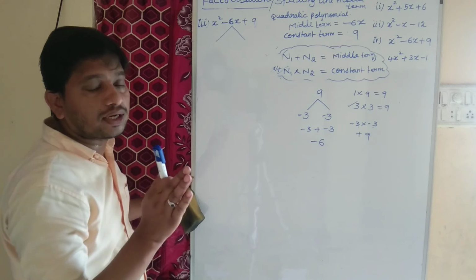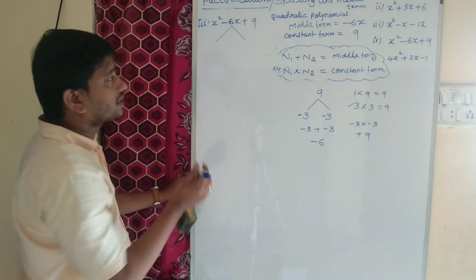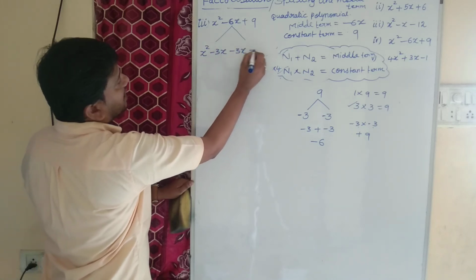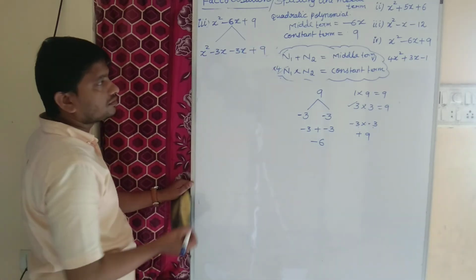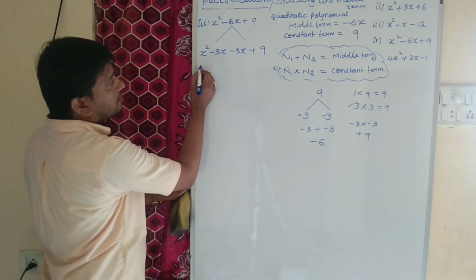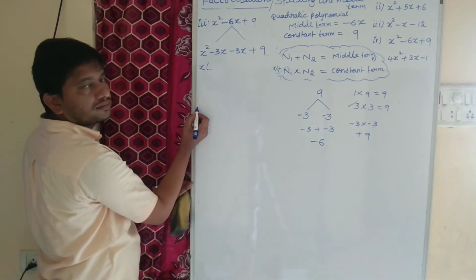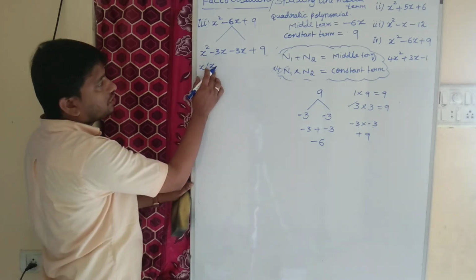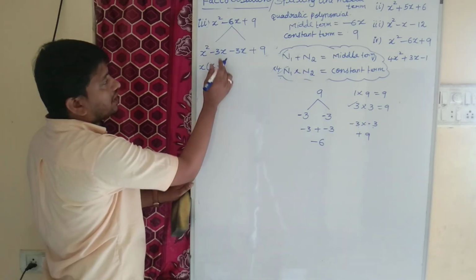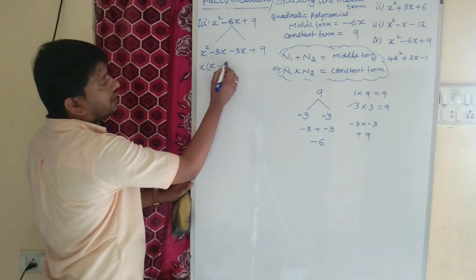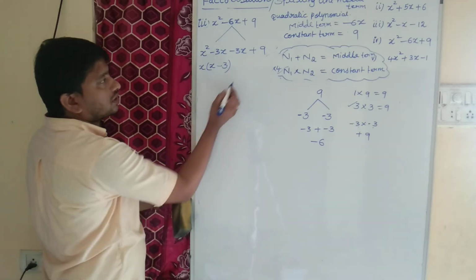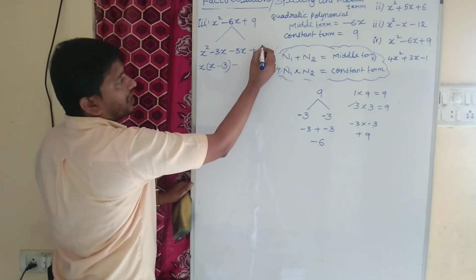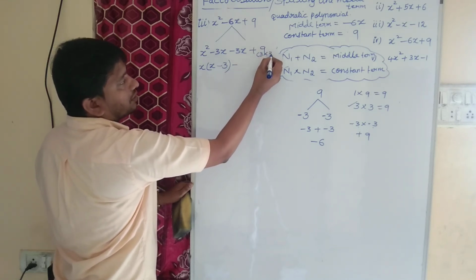So the terms are minus 3x and minus 3x. So x square minus 3x minus 3x plus 9. From these two terms, if I take x as common, x square means x into x, x into x is x square, and minus, already we took x common, you will get 3. Children, 9 means 3 into 3.